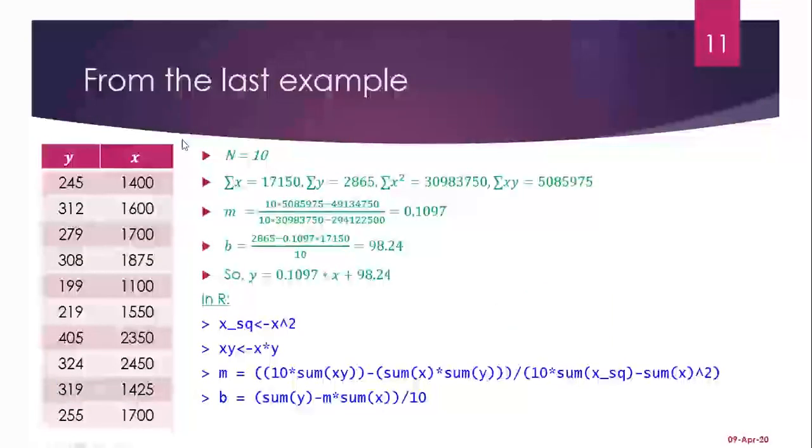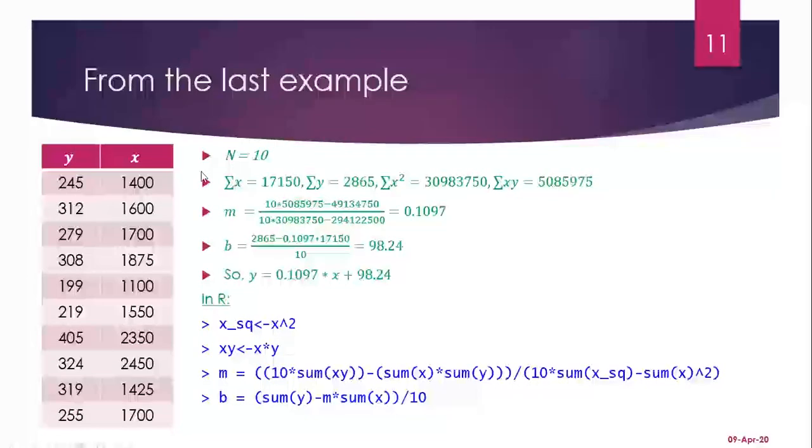We have y and x, and the number of data points is 10. Summation of x, the sum of all these points, was found to be 17150. Summation of y was 2865. Summation of x square, taking the square of all these and summing, was this value.